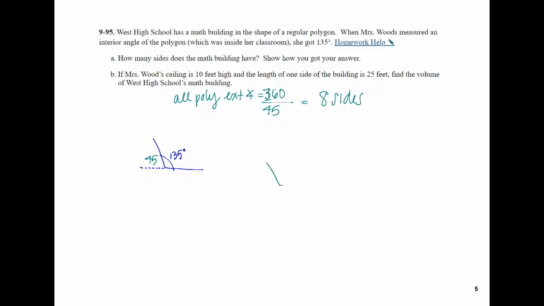So if we are looking at an octagon, one of the sides is 25 feet. We know the interior angle is 135.